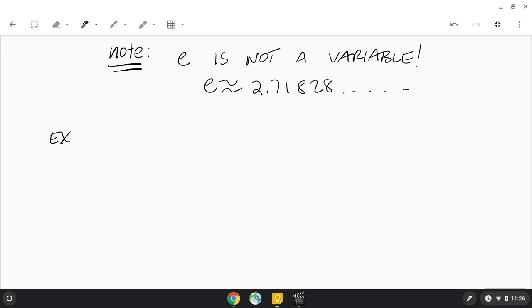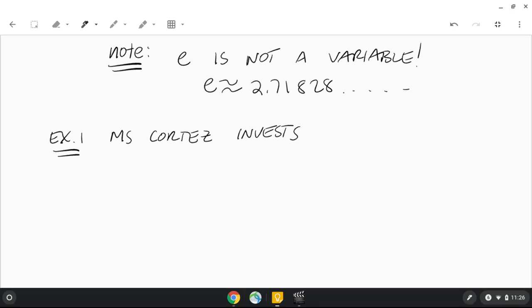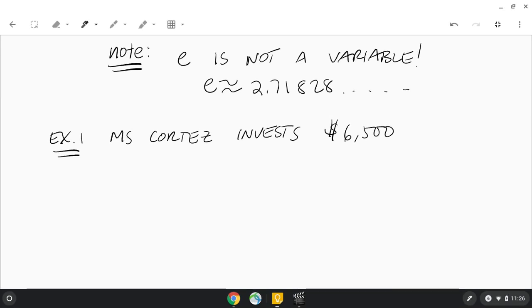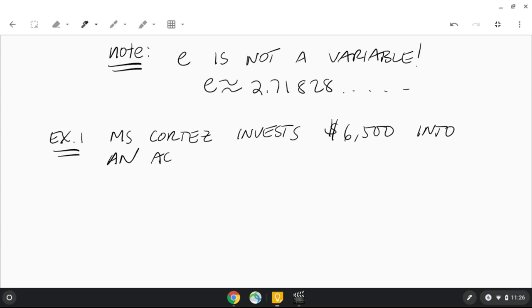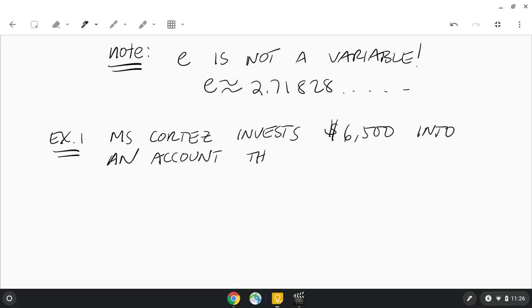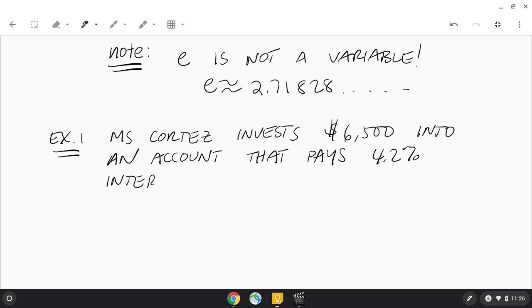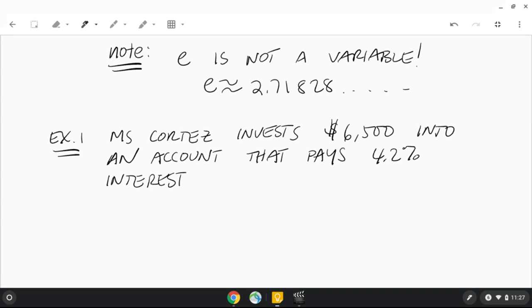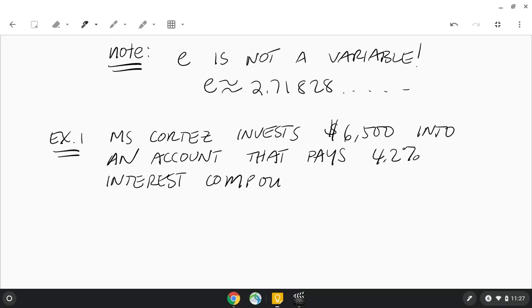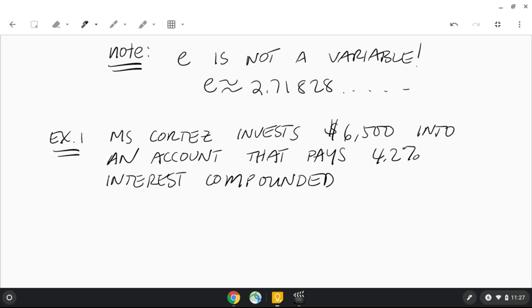So suppose that Ms. Cortez invests $6,500 into an account that pays 4.2% interest compounded continuously. I'm going to write that word in a different color.